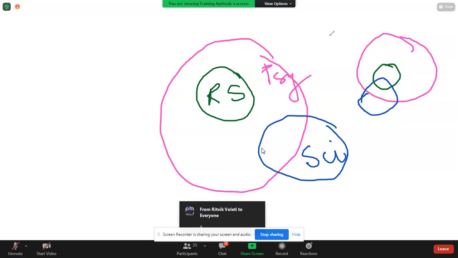Sir, yes, please. So what happened if we consider the green portion under the blue? The whole green portion under. Now, how can you consider the whole portion? If the whole green is under blue, then it means that all research scholars are scientists.